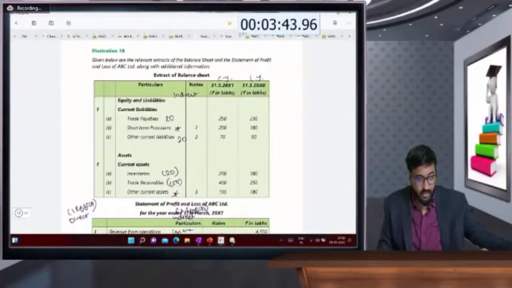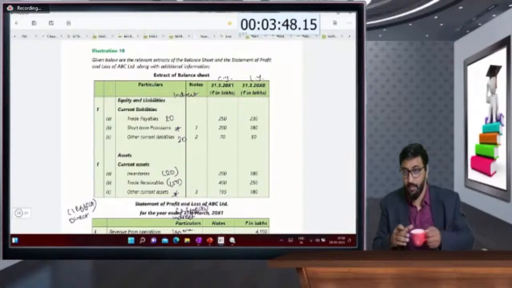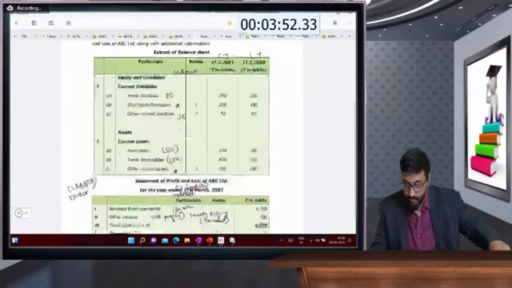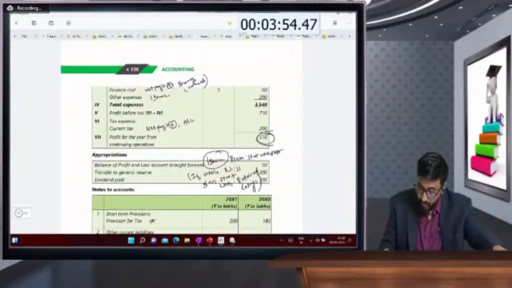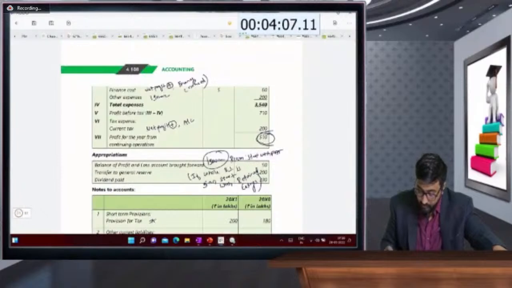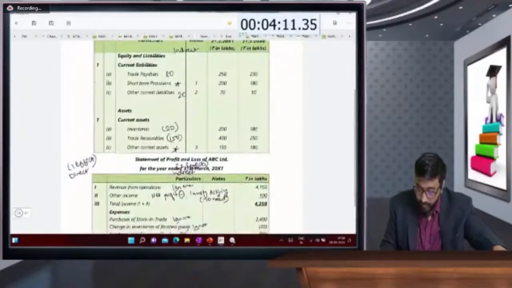Yes, we are here. Net profit. So net profit we are getting. How much is the net profit in the question? 510. So 510. Adjustments, line by line. So first we go from question number 1, equity and liabilities.